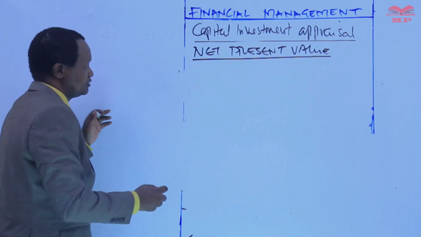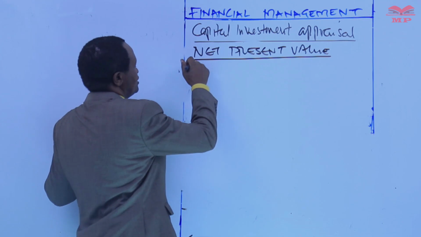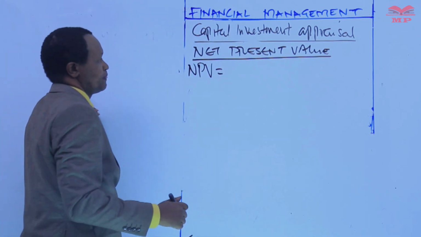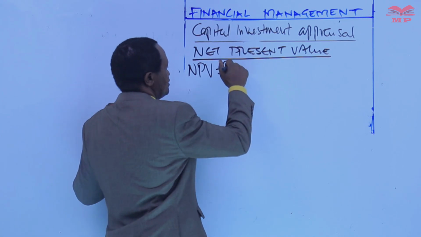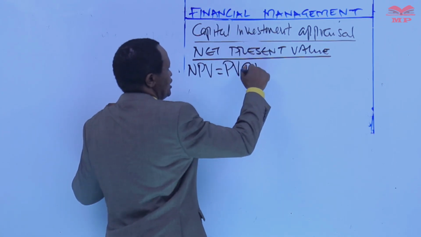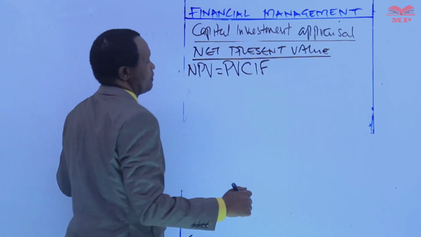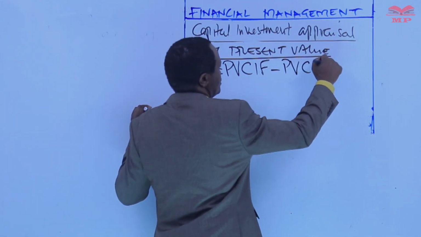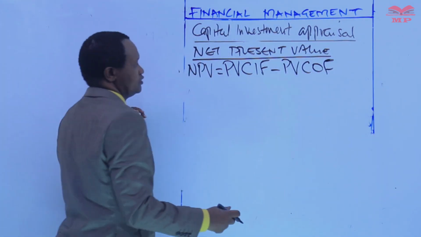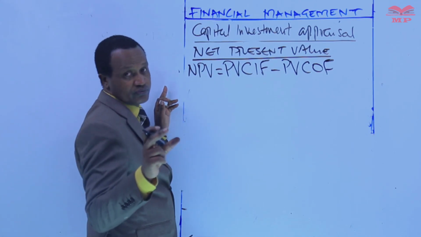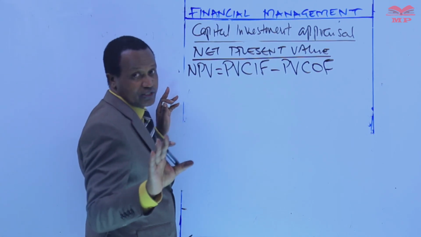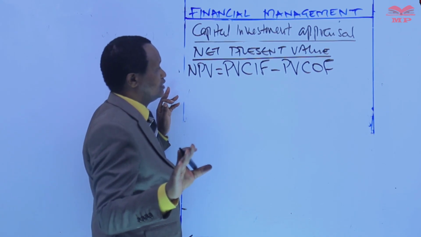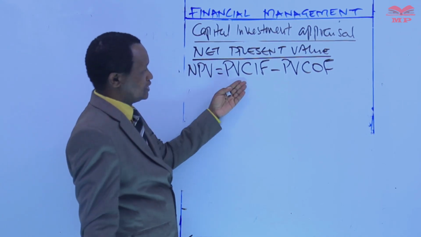That is to mean that the net present value of a project is equal to the present value of cash inflows minus the present value of cash outflows. You get the difference between the two. And it is that simple, candidates. It doesn't matter how the question is tested. At the end of the day, you just get the difference between these two.